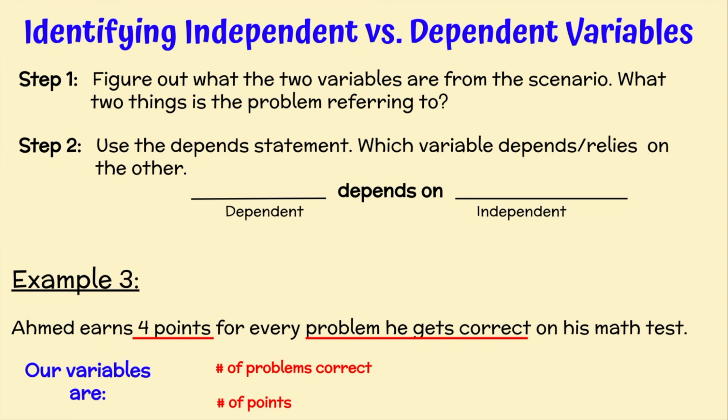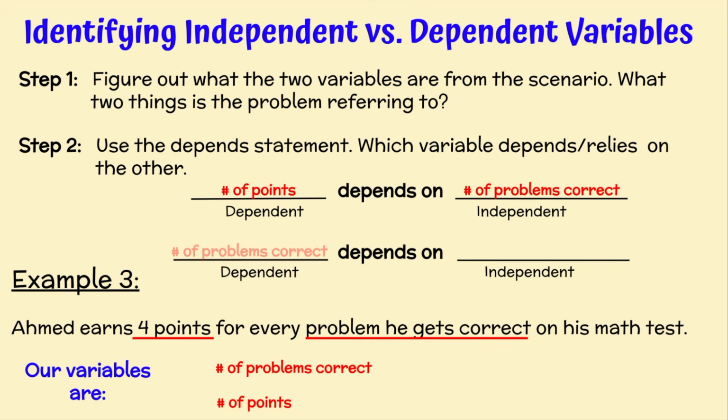So remember, the dependent is always the y. The independent is always the x. Is it the number of points depends on the number of problems correct? Or is it the number of problems correct depends on the number of points? Good.